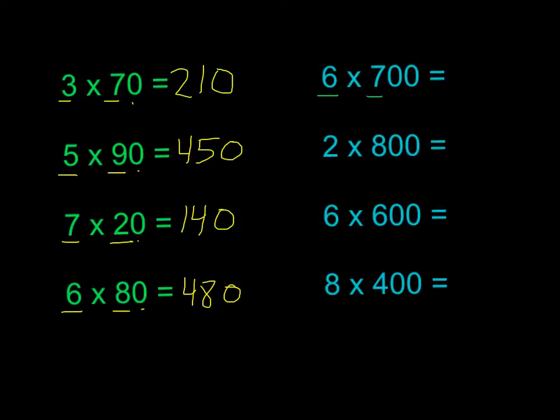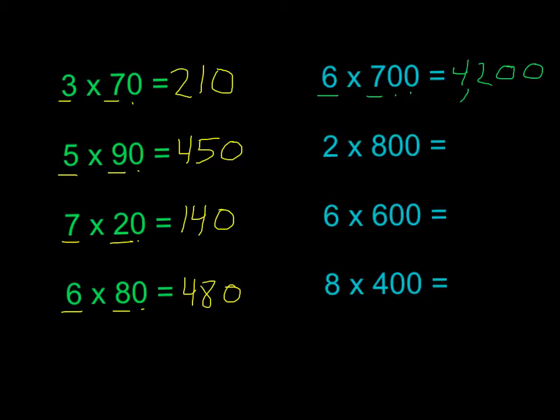So we have 6 times 700. But we're just going to look at the 6 and the 7 digits. 6 times 7 is 42. We have 2 zeros, so we're going to add our 2 zeros. And we get 6 times 700 is 4,200.